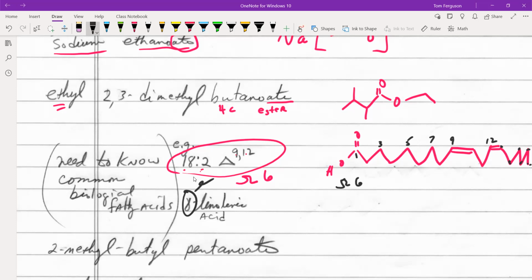Okay, so this is an 18 carbon, so it's going to be an octadecanoic acid. It must be a 9,12 octadecanoic acid using the IUPAC.